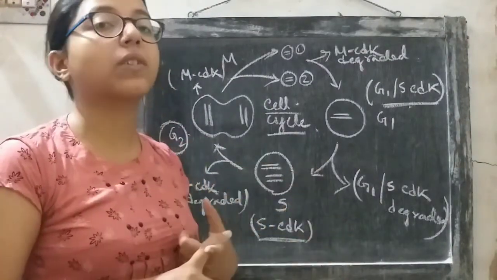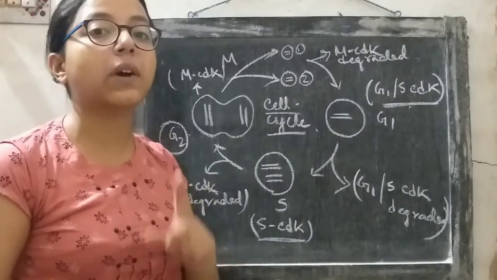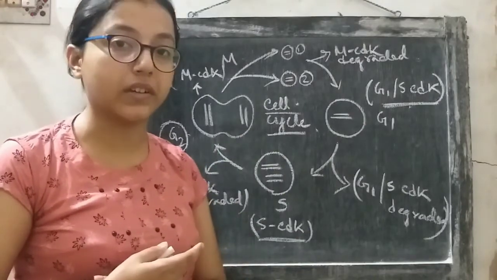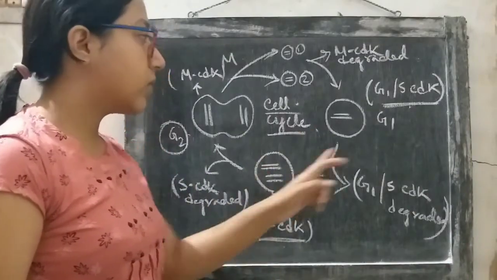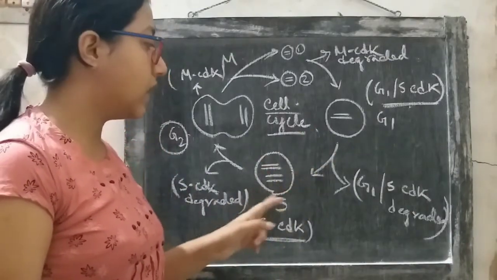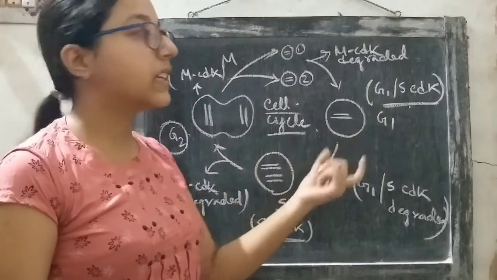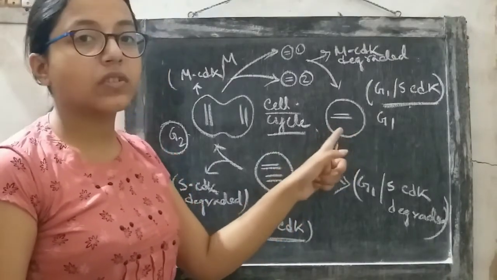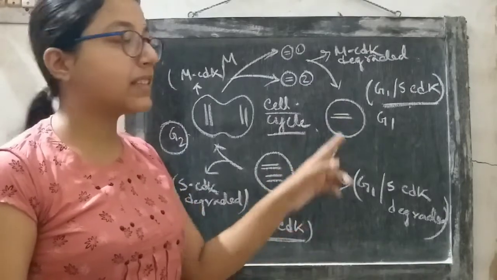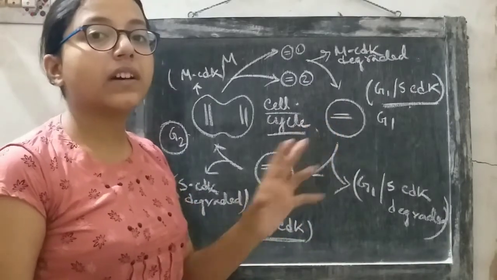In a single round of cell cycle, only a single round of DNA replication must occur. Right. So in the diagram, we can see that initially the cell contained a single DNA. For simplicity, I have denoted here only a single DNA.